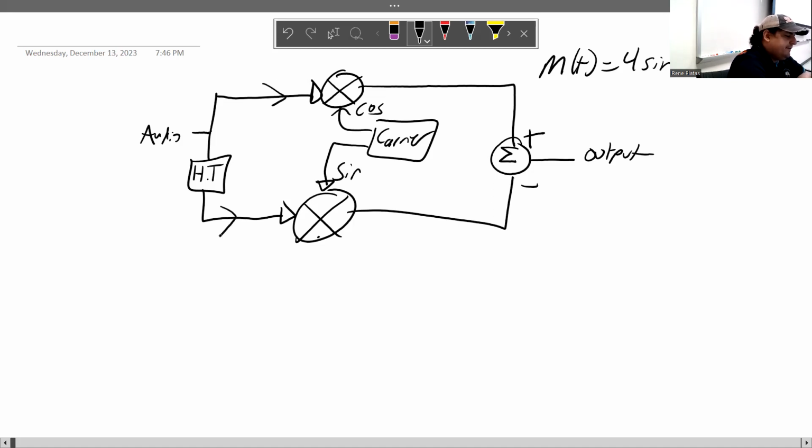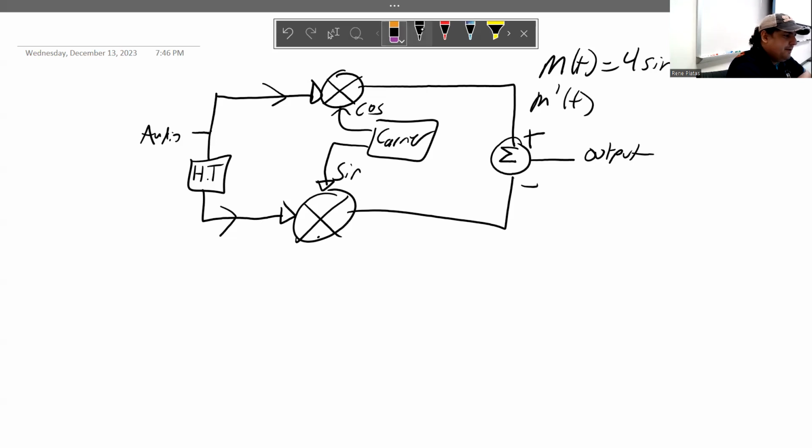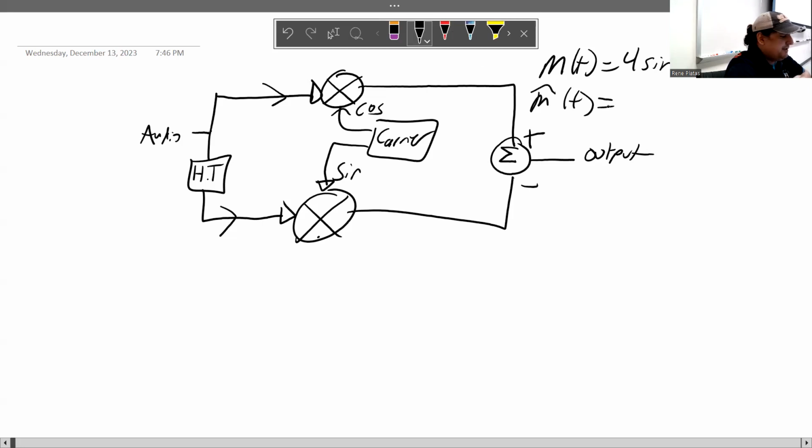Over here, however, there's going to be something called M hat T. That means we're going to apply the Hilbert transformation to this signal right here.